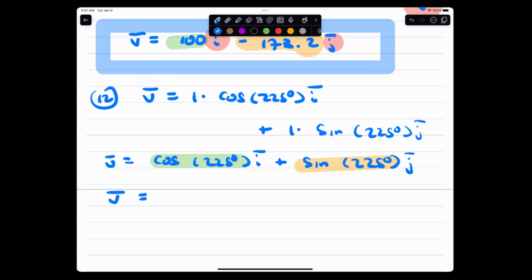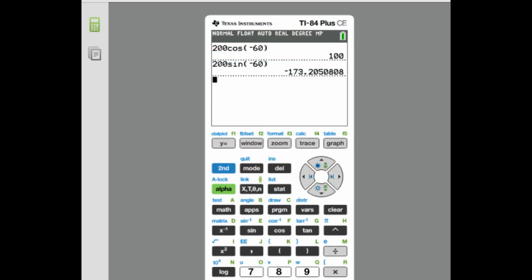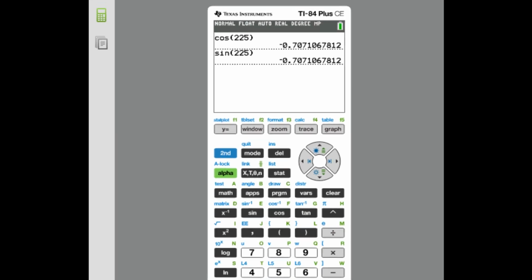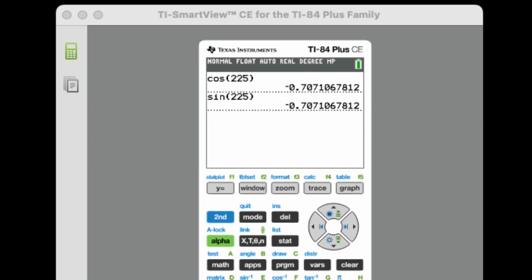Cosine 225i plus sine 225j, okay? These are the ij vectors here. Cosine 225, close that. And then say sine what? 225. Let's close that. What do you guys end up with? What is this going to be?